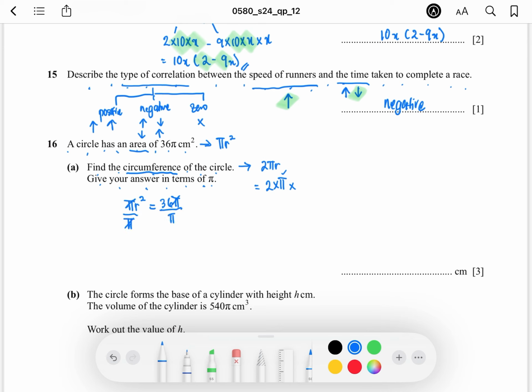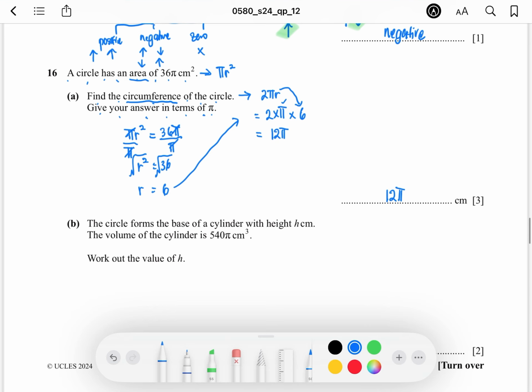So pi cancels out. So r square equals 36. That means take the square root of both sides. So square root of r square is r, and square root of 36 is 6. And this is the 6 that you put here. The value of r is 6, which gives 12 pi. So the answer would be 12 pi.